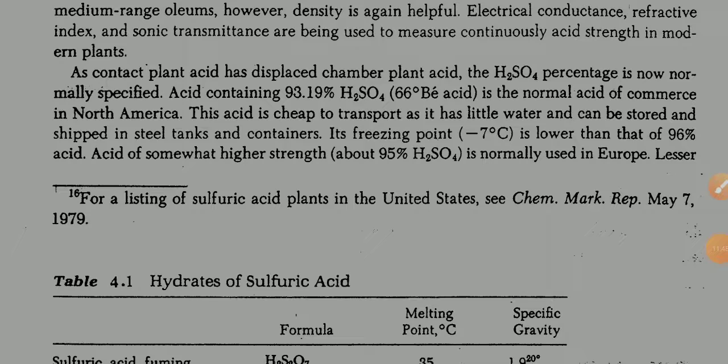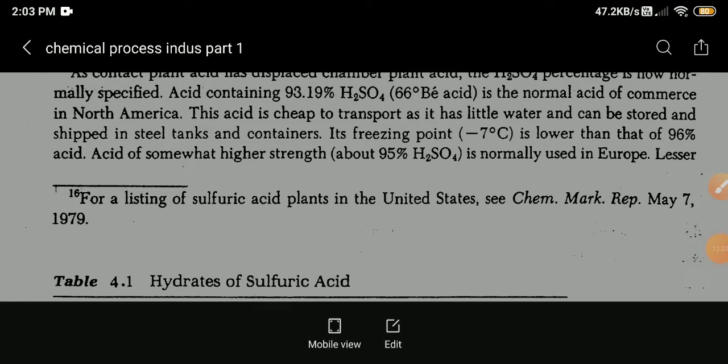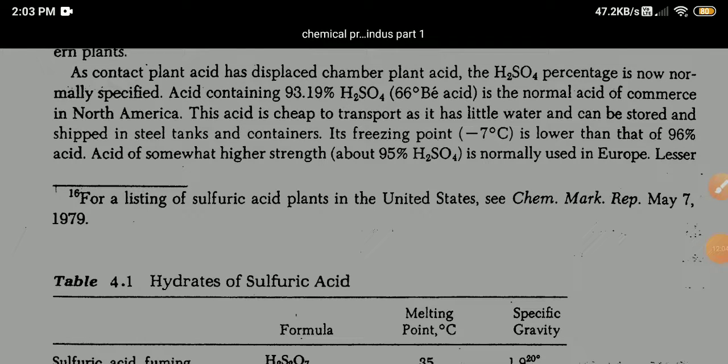The acid containing 93.19% H2SO4 is the normal acid of commerce in North America, and this acid is cheap for transport, as little water can be stored in the ship.